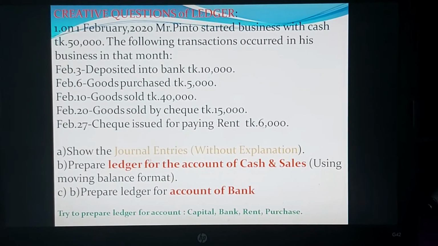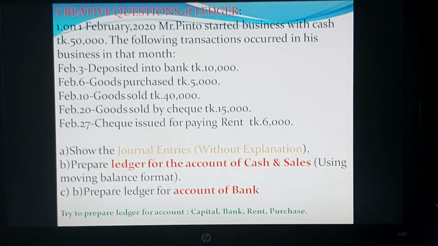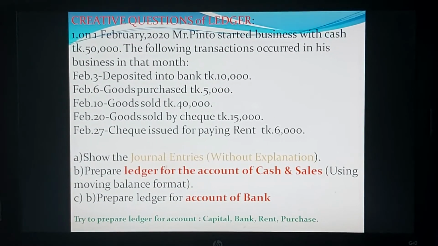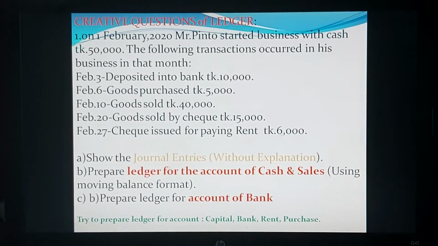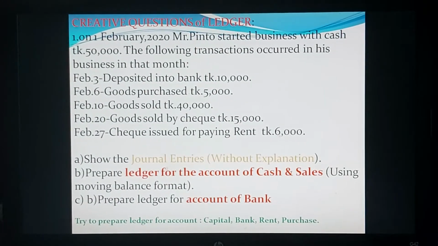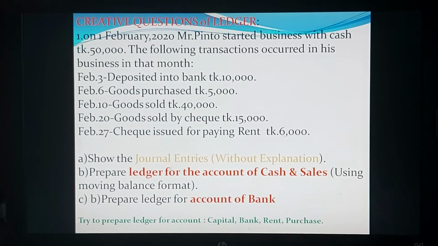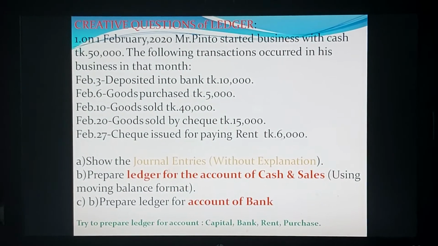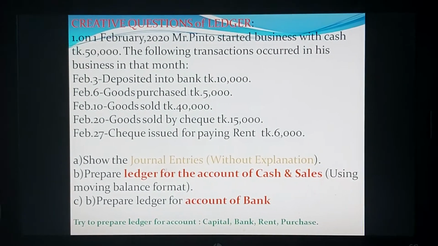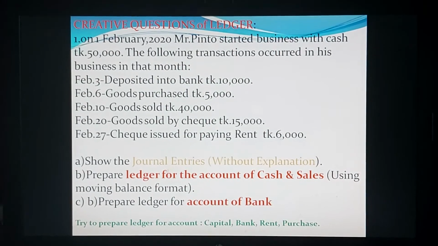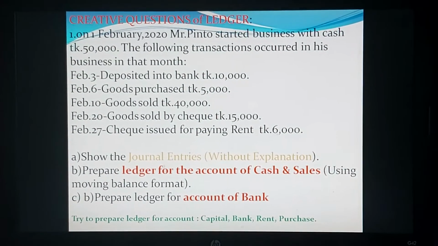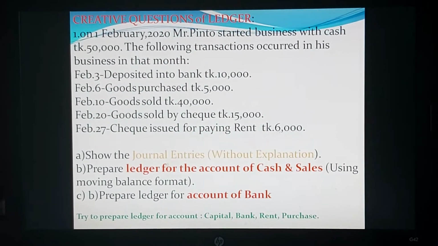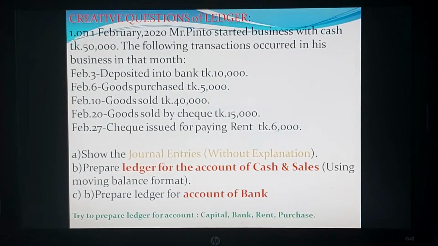Dear students, again you have to go to the creative question. Requirement C, prepare ledger for the account of bank, that is the bank account. At first you have to draw a new format for the bank account, that is the ledger account, but without information on which method or format is to be used.